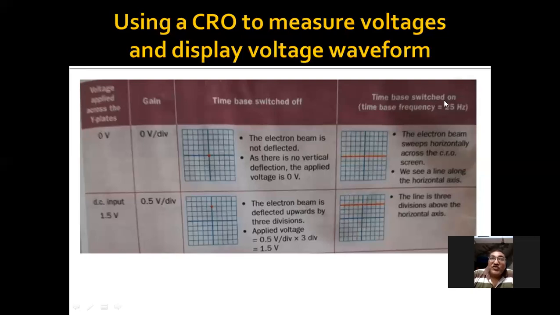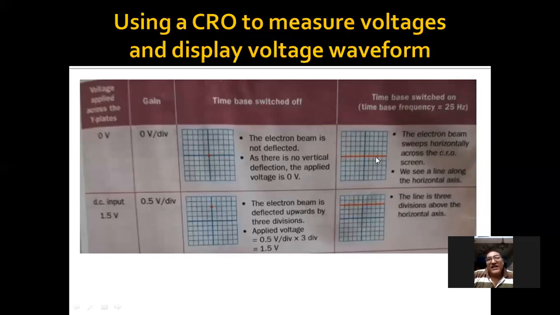If you switch on the time base, then this dot will start moving left to right, left to right, left to right. The dot is moving very fast, so your eye will not be able to perceive it as a dot.